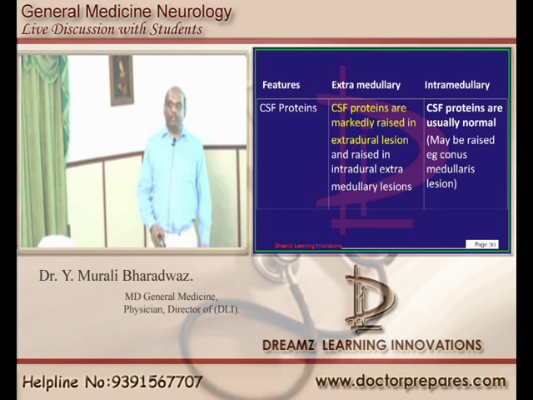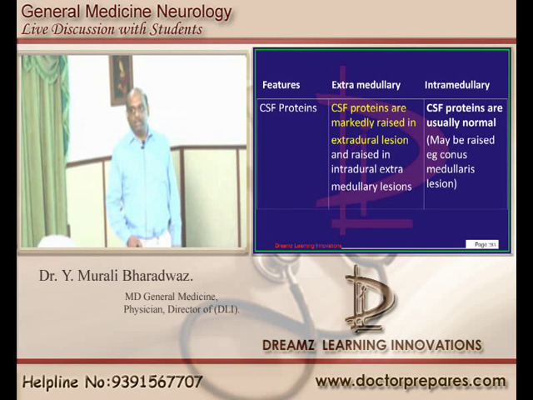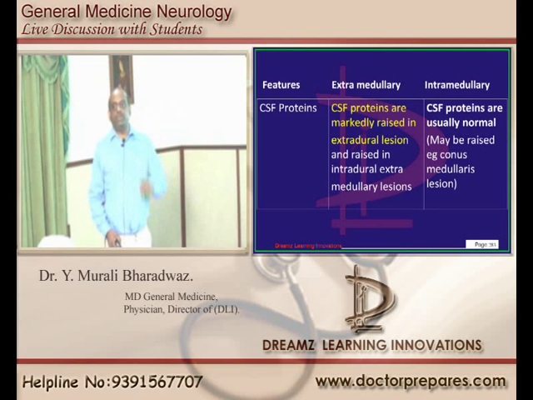Dura, right? Subarachnoid means where is it located? CSF is flowing in the subarachnoid space. So it is internal to the dura, right? So the rise of the CSF protein has more to do with the CSF circulation, which can get more often affected if it is an extramedullary lesion than an intramedullary lesion.